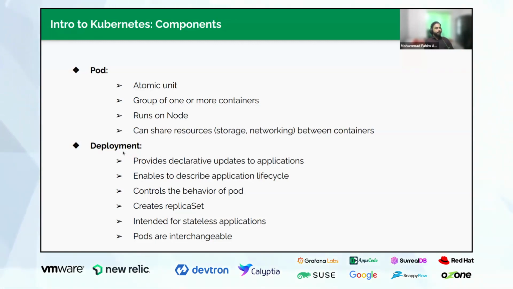Then there is deployment. In Kubernetes, users don't actually run pods directly. They run it via deployment or stateful set. So what is deployment? Deployment is a resource that controls the behavior of the pod. In the deployment, you just provide your declarative updates, a declarative specification of your application.